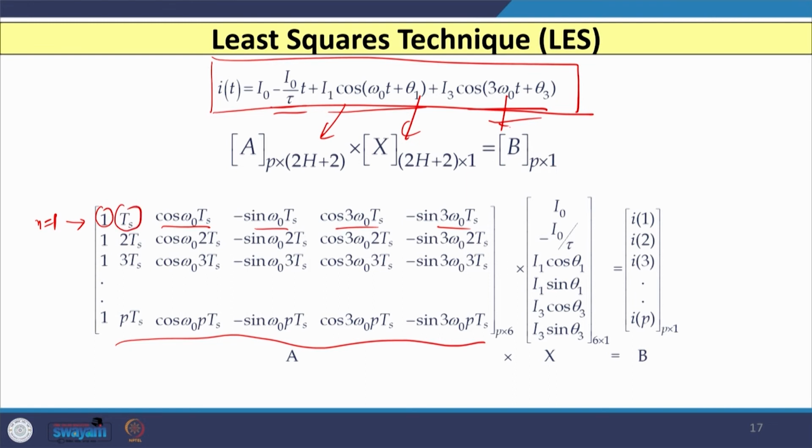In the same way, when n is equal to 2, this term is added, and as you go up to P, this term is added compared to the earlier one. Moreover, in matrix X this unknown term is also now available. So the number of unknowns is more than earlier, and the size of matrix A also changes, whereas the size of matrix B remains as it is.